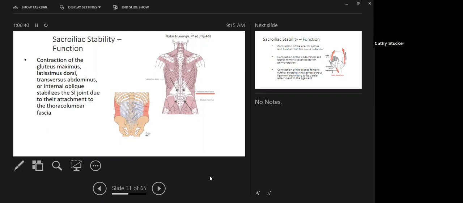When those muscles contract, it tightens that thoracolumbar fascia. It provides dynamic stability like a corset all the way around your abdomen. So it's a very dynamic support for the SI and your pelvic control.